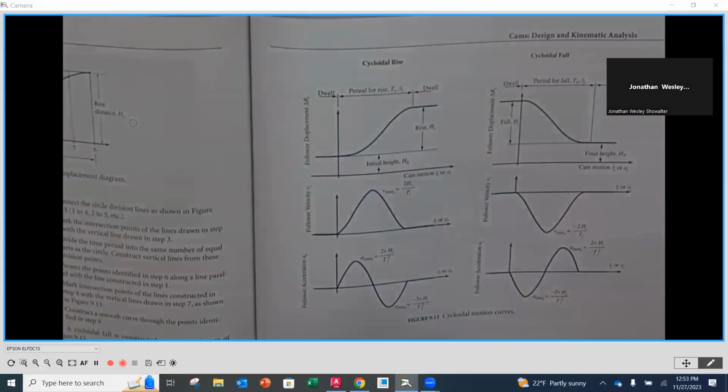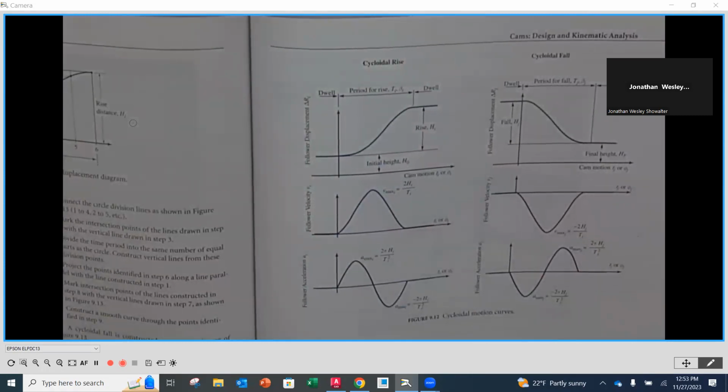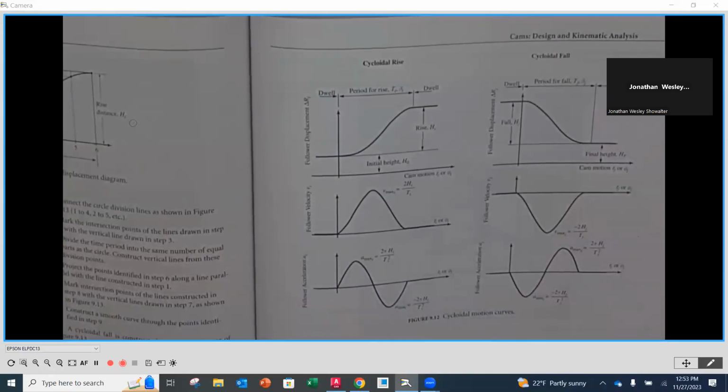But as we look at our velocity and our acceleration curves, you'll notice that here is like the answer to all of our problems. It is going to be the one that we use most often because, especially with the acceleration here, we don't have those abrupt changes like we do with the other ones.